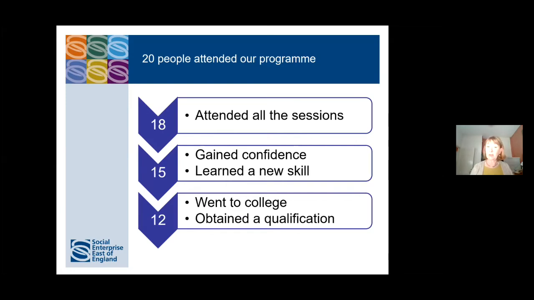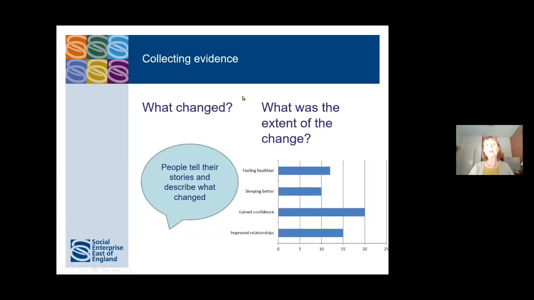And over that 6-month period, 18 of them attended all the sessions, 15 of them gained confidence and learned a new skill, and 12 of them went on to college and obtained a qualification. So those are the kinds of things that you can pull together by aggregating the information. We usually know on a one-to-one basis what's happened to Jenny, but what we often don't do is pull all that together into a coherent report that we can present to other people.